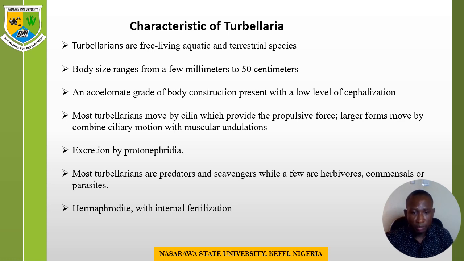Most turbellaria are predators and scavengers. Some are predators and scavengers, while some feed on vegetation. They are herbivorous, and then some of them are commensal, while some are parasitic.